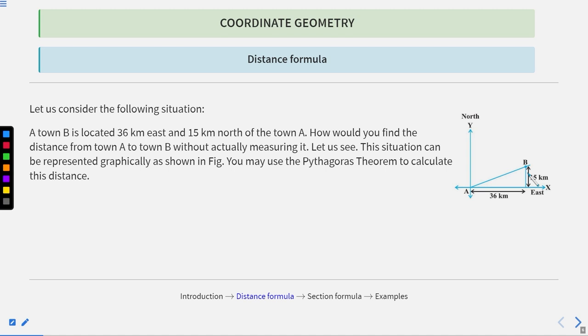We know the Pythagoras theorem says hypotenuse square is equal to base square plus height square. So we can use this theorem and easily find this distance.